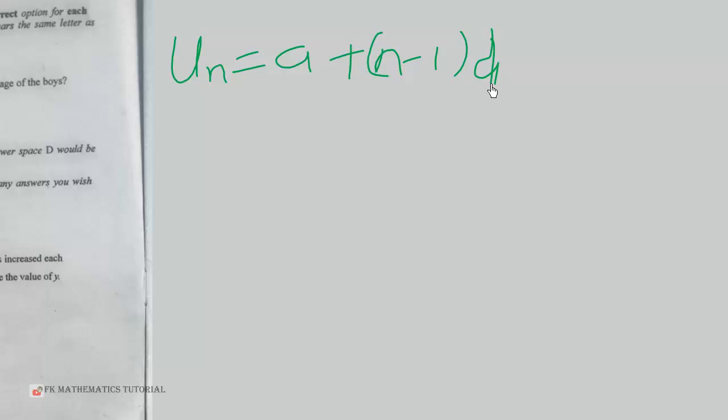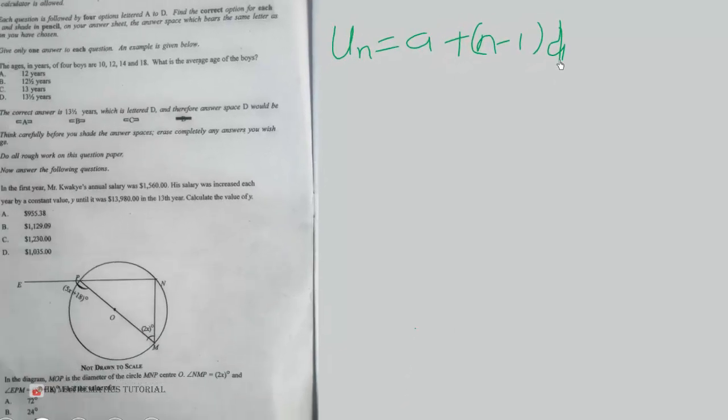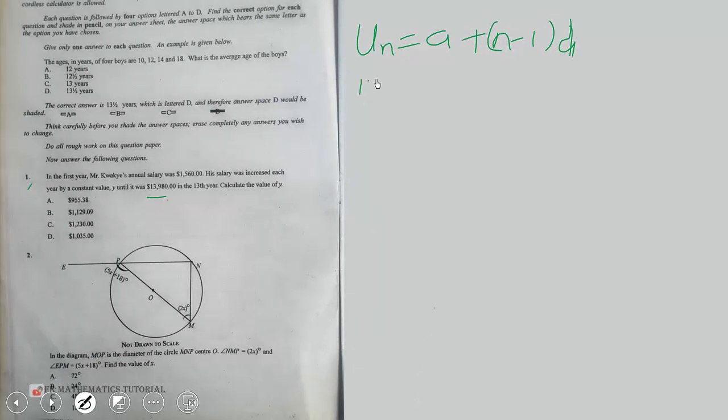So the u n in this case is 13,980. Then the a is 1,560 plus n minus 1 d. So 13, the n minus 1 times the d. The d is the y.